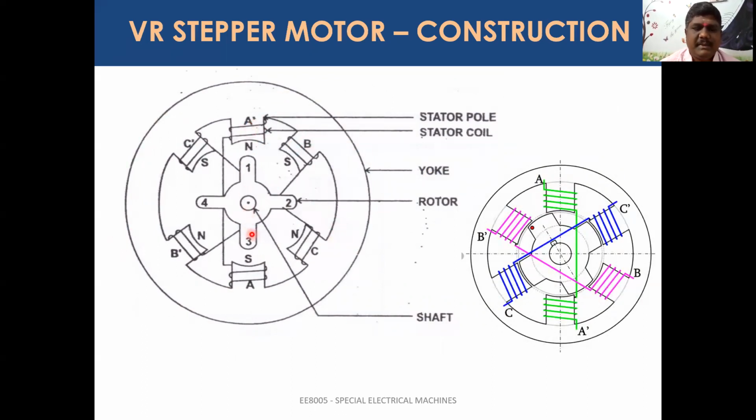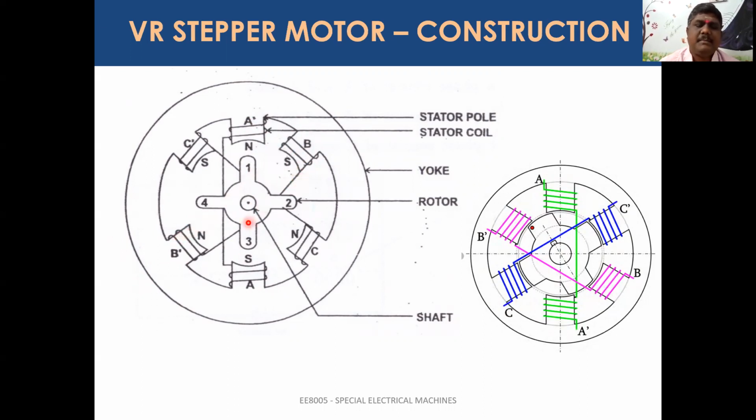Stator and rotor will be there. We can label the poles A dash, B dash. Now, we should not make a single pole a magnet, because we need a north pole and a south pole. So flux will pass from the north pole to the south pole, creating a complete magnetic path.